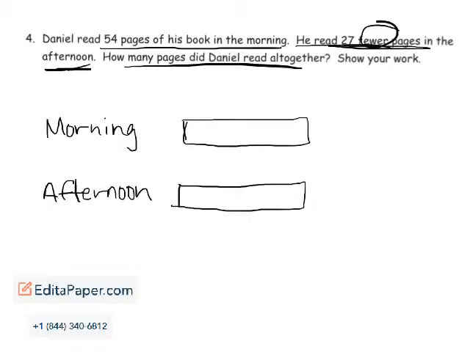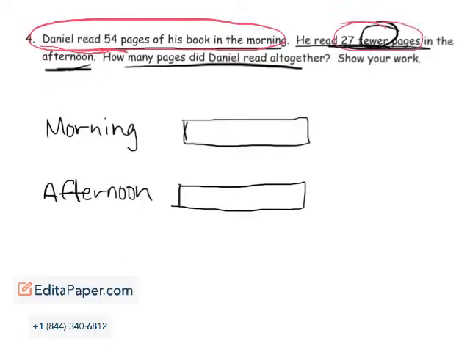And now I'm going to go back and read the question more closely and figure out how to edit my bars. I might have to make one of the tape diagrams a little longer, or I might have to make a different one a little shorter. It kind of depends on the problem. So let's read. It says Daniel read 54 pages in the morning. And then he read 27 fewer pages in the afternoon. There's our key.